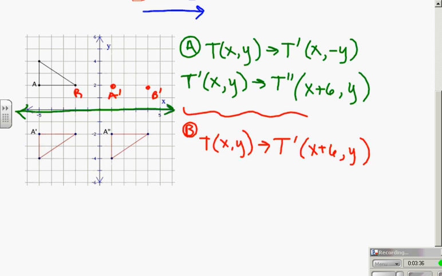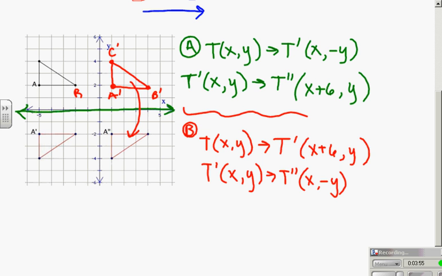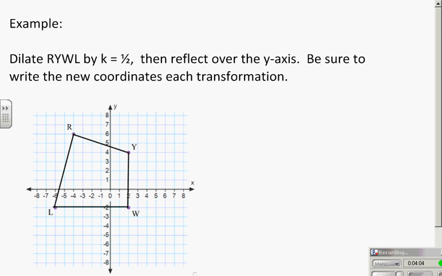We'll call this B. This would be B prime. And this would be C prime. Now, what happens if I take that T prime at its new location and I switch its vertices? Does it end up here? And it certainly does. It's clear that it does. So for glides, it doesn't matter which order you do your transformations.